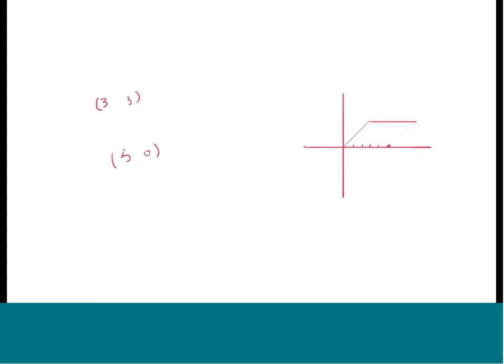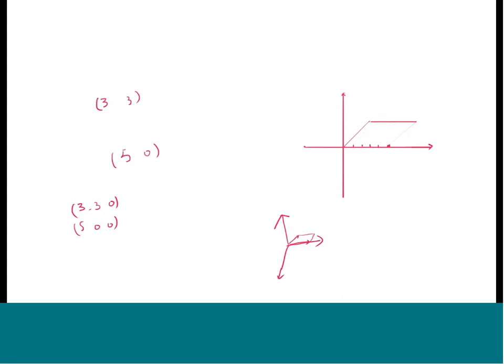This is in two dimensions, by the way. So how do we do it? We make 3, 3, 0 and 5, 0, 0, these two vectors in three-dimensional space.